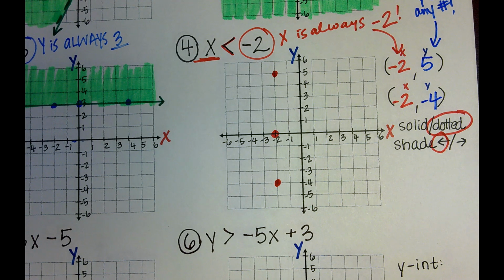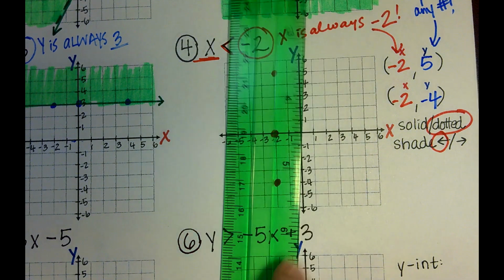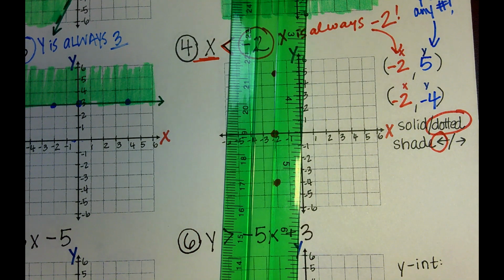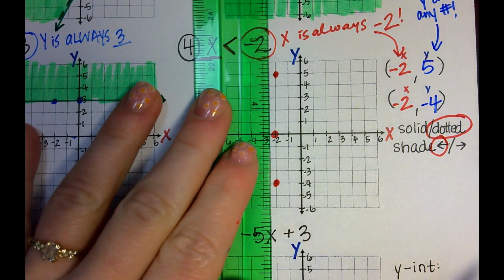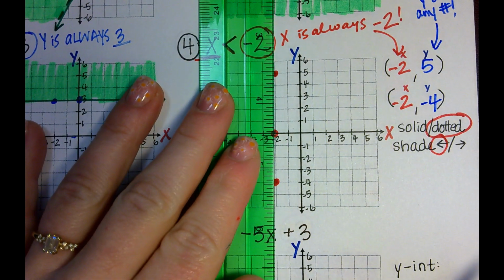And then we connect the dots. And remember, we said it was a dotted line. So we're going to make sure it's dotted when we trace.